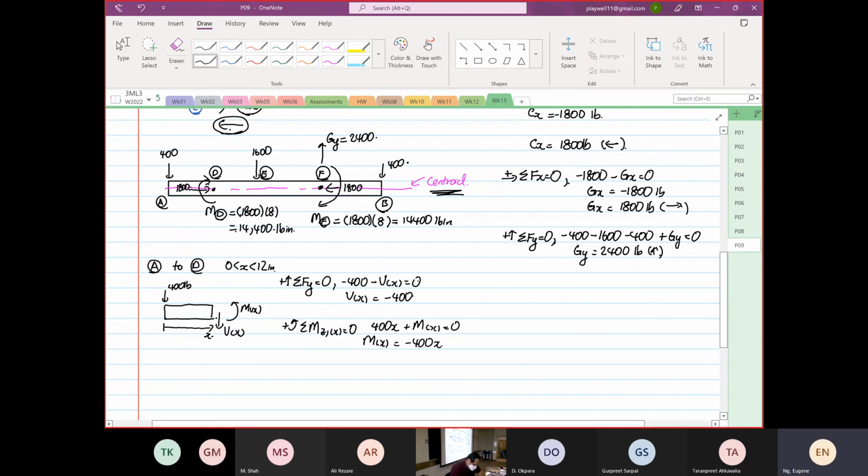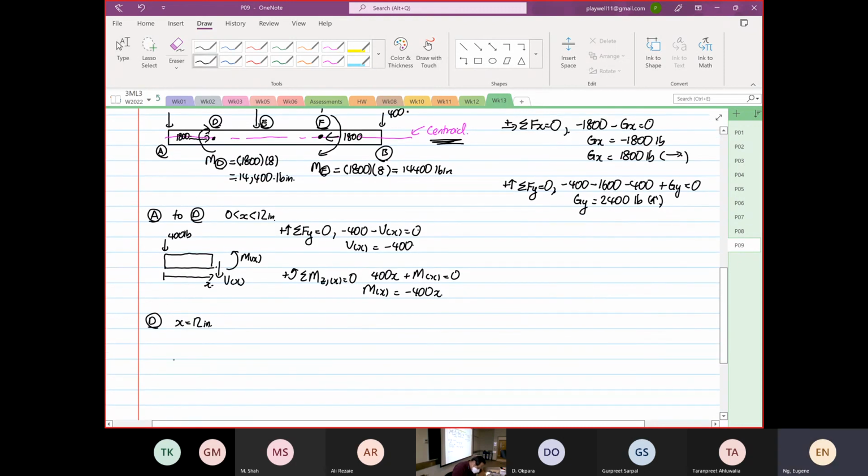Okay. Now, at point D, where x is equal to 12 inch, now you have to include the what? So now this is still 400, right? Now you have to include the moment at point D, which is 14400 pound inch.